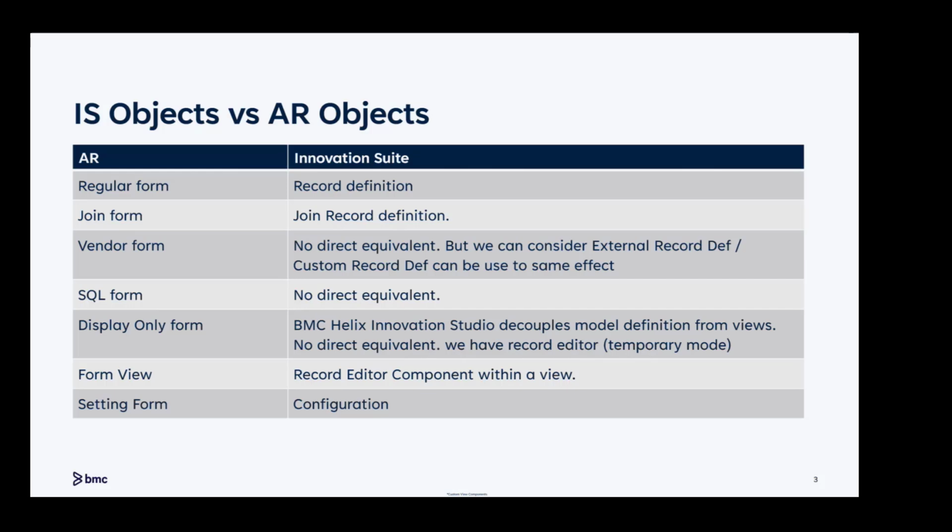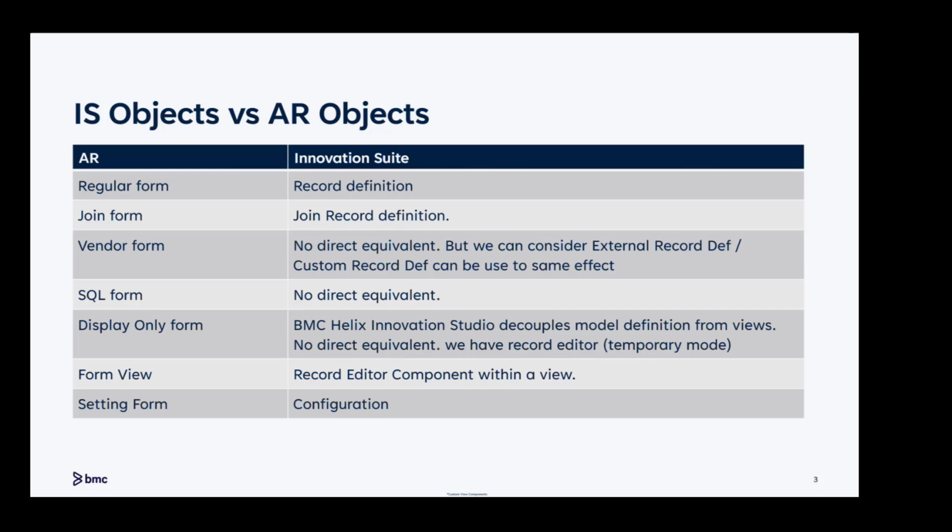Even before deep diving into what Share Ticket Console and Asset Console are, I want to bring everyone to an understanding of some of the terms we're going to use today. I learned from Varun and others that some of you might not know Innovation Suite based development, or you might be new.